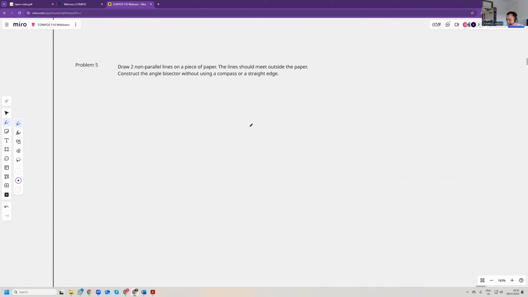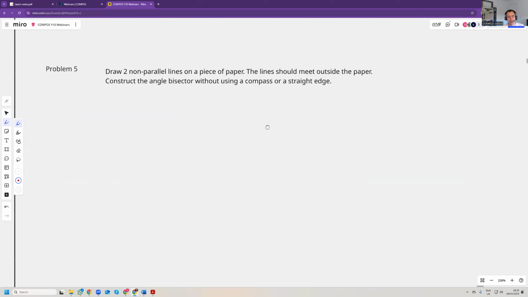All right, problem 5. That's sort of an interesting one. Here, you're not allowed to use a straight edge or a compass. Well, of course, I can use a straight edge to draw them.